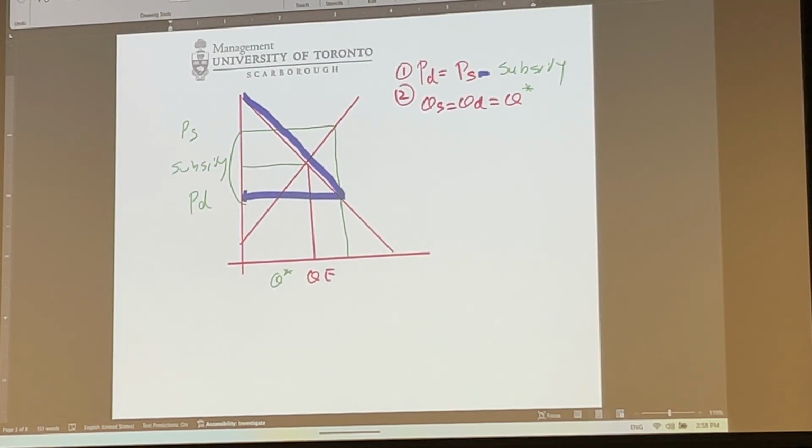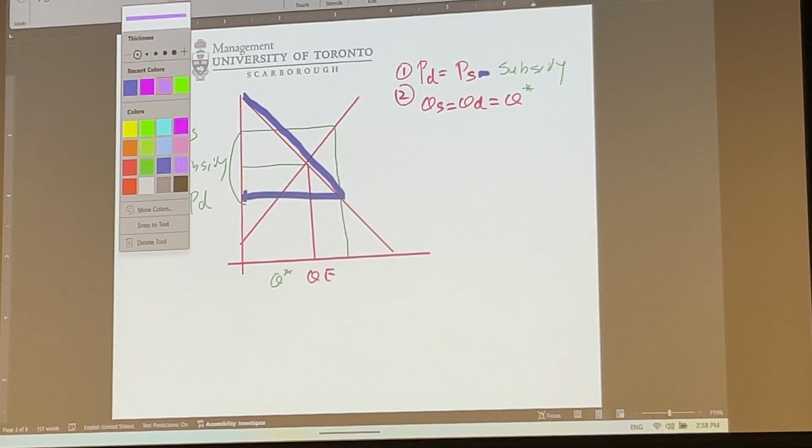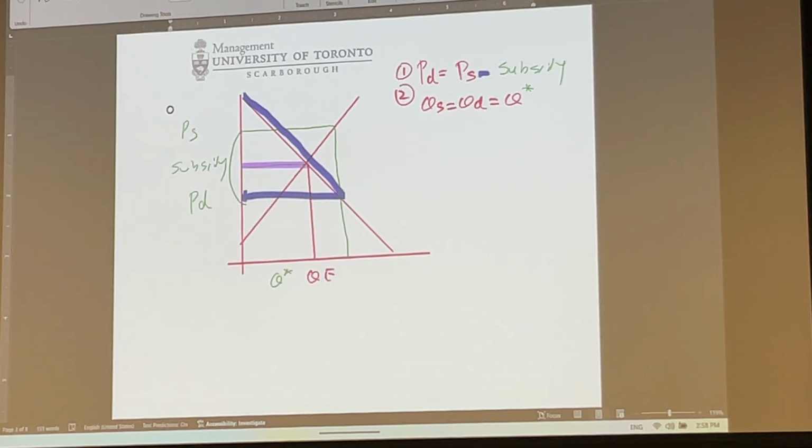So the consumer gains this area. That's the consumer gain in surplus. That is what the consumer gets from the subsidy. So the change in the consumer surplus is that shaded area.